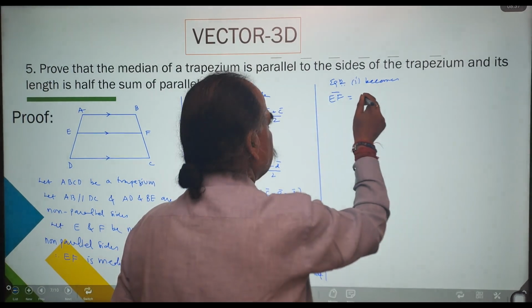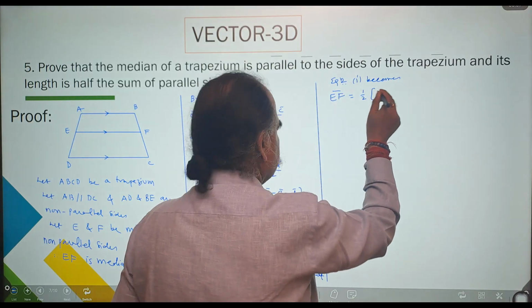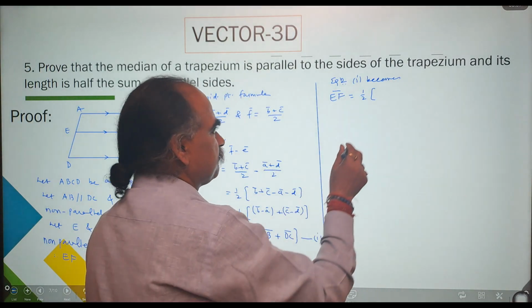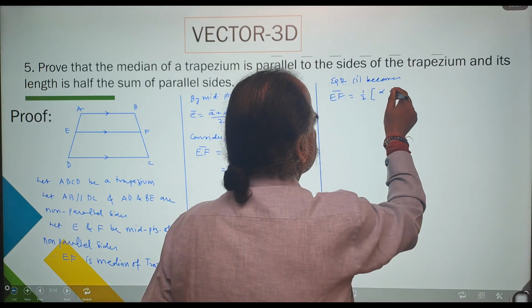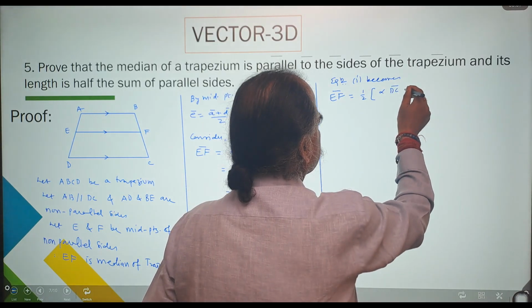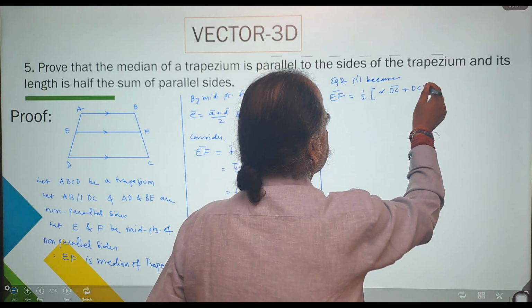Half, AB bar is replaced by alpha DC bar, plus DC bar.